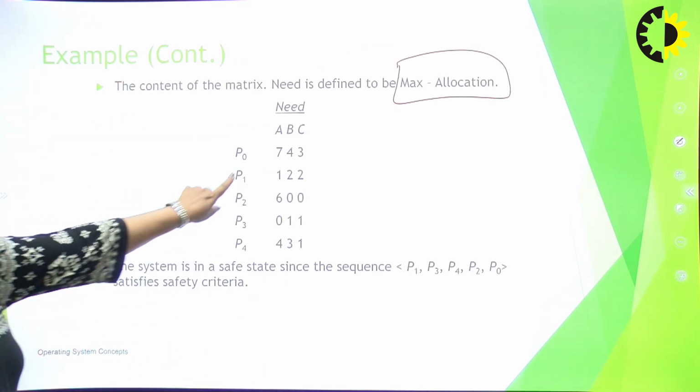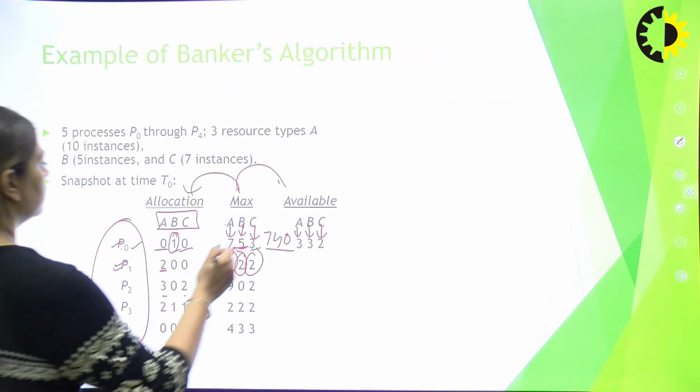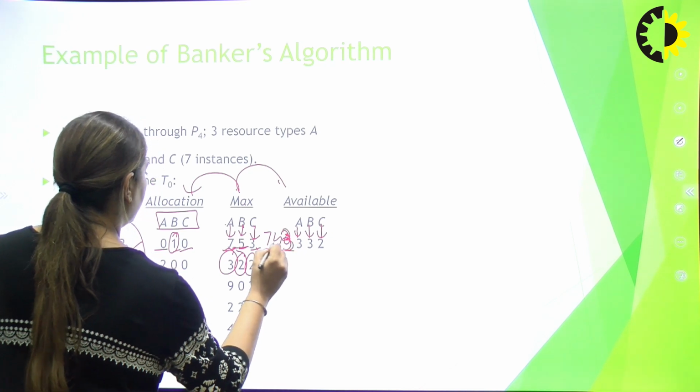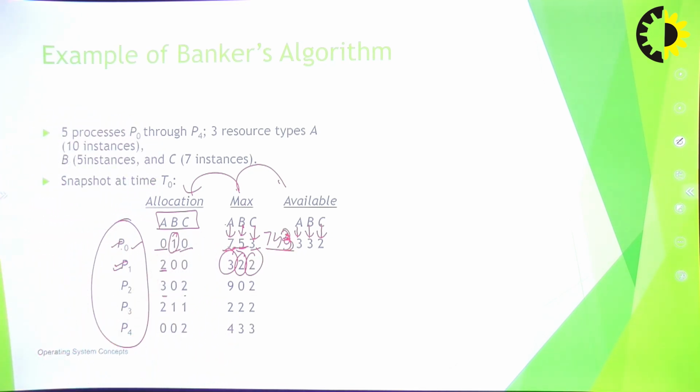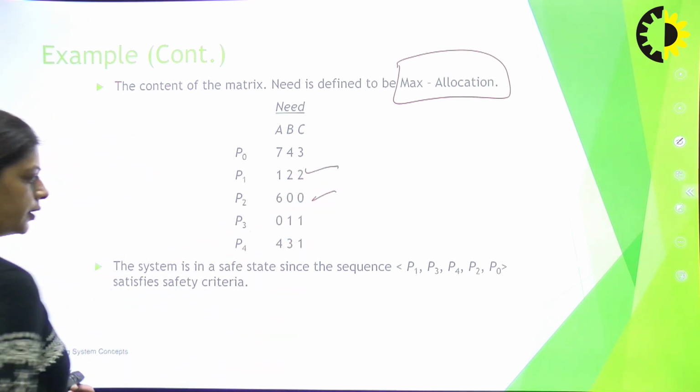Sorry, 3 minus 0 is 3. This way we will calculate need for all the processes.